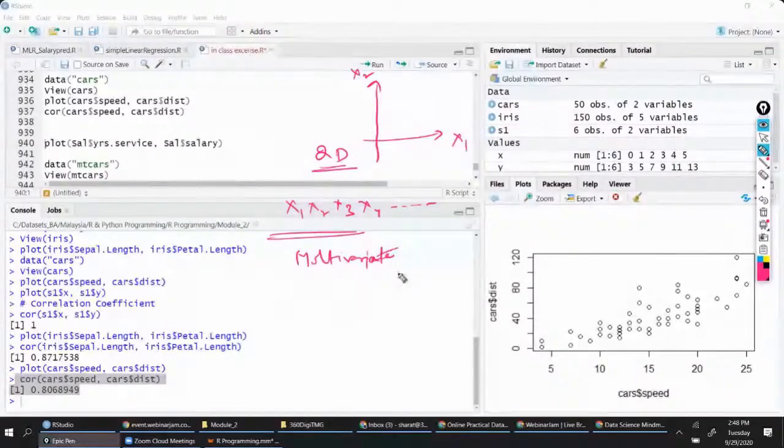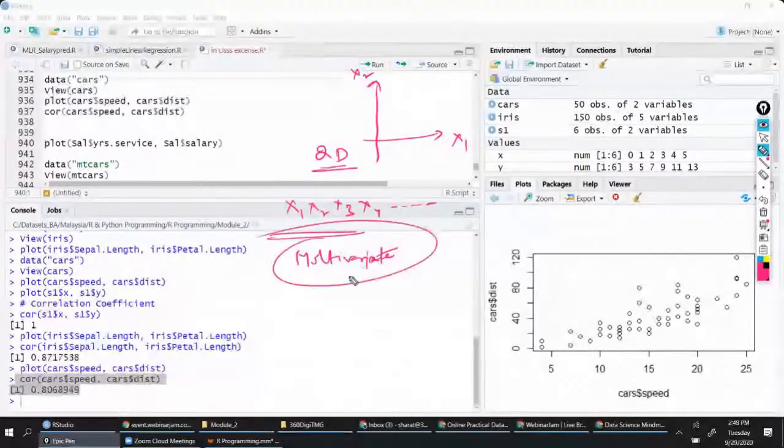There are other visualizations like heat maps and all that. What we are doing is a very simple approach, simple logic, which is basically converting this multivariate data into bivariate data and then analyzing those bivariate data points.